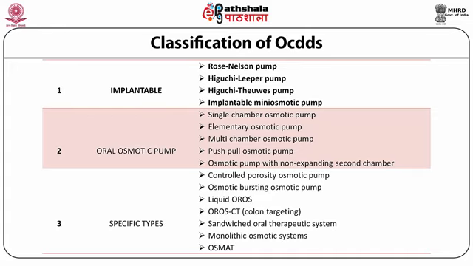The specific category includes controlled porosity osmotic pump, osmotic bursting osmotic pump, liquid OROS, and OROS-CT, where CT means colon targeting. Then there are the sandwiched oral therapeutic system, monolithic osmotic system, and OSMAT.